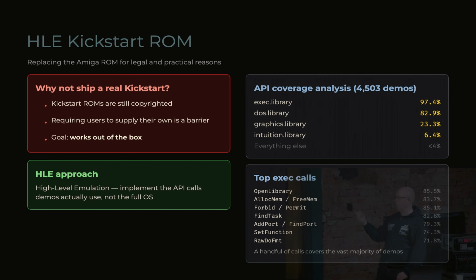The top calls for exec library here are AllocMem, FreeMem, Forbid, Disable, stuff like that. But then you can start implementing a very small subset and still be able to run demos and games without needing a specific Kickstart. And I think that's very valuable.